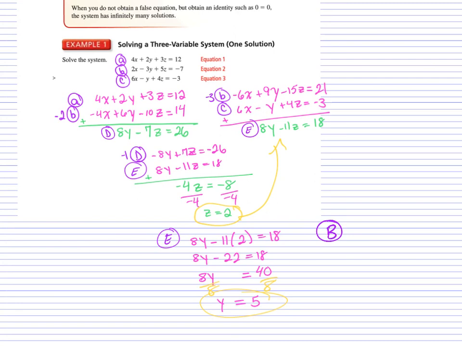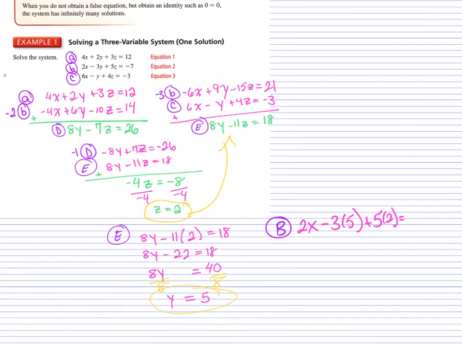I don't know X, so it is 2X minus 3 times Y, but Y we know is 5, plus 5Z, and Z is 2, so I'm going to plug in 2, equals negative 7. Now, I could have used A or C equations, and you would get the right answer. It doesn't matter which one you use, okay?